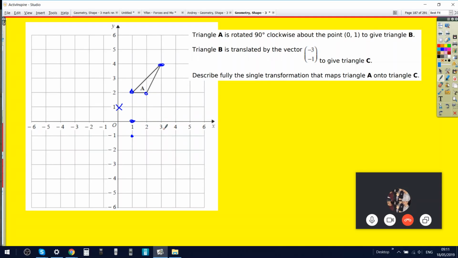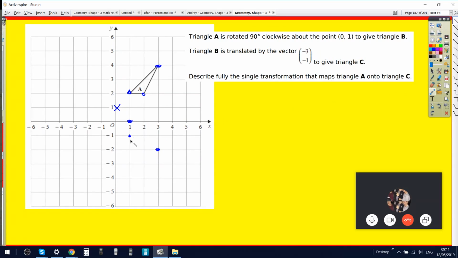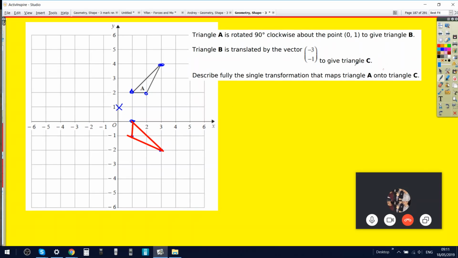Okay, so this is where B is. Up. And then you go 3 left, 1 down. 1, 2, 3. And 1, 2, 3.